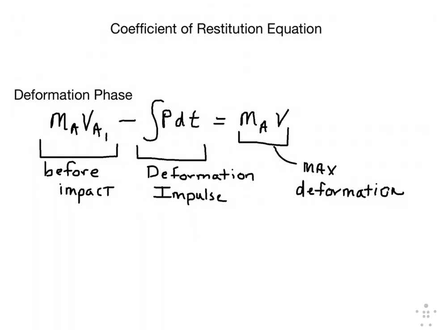But we're going to do a negative because the deformation impulse from B onto A acts in the negative direction. So we have a negative deformation impulse, and that's equal to the mass of A times the common velocity of the two particles together. So this equation and this deformation phase is only looking at particle A.